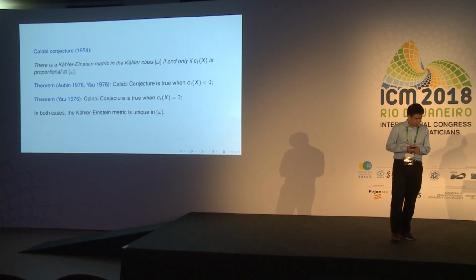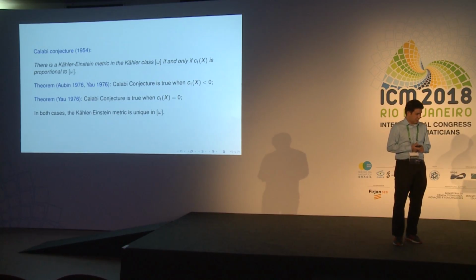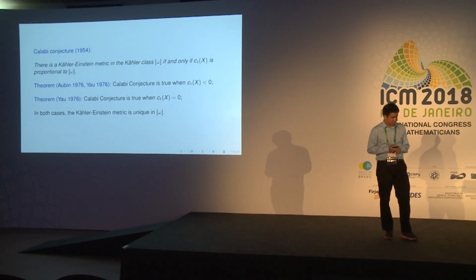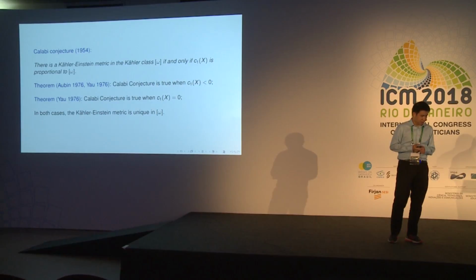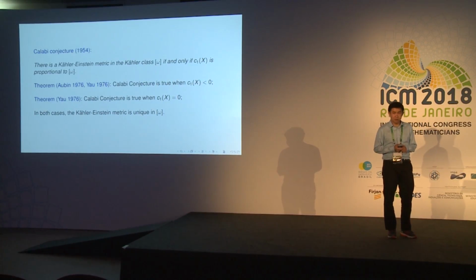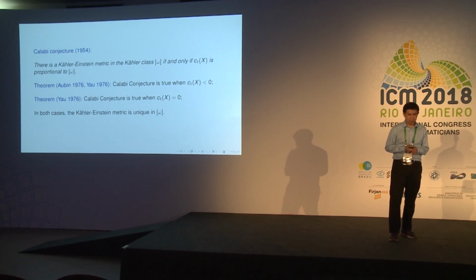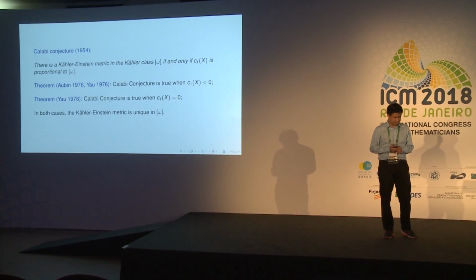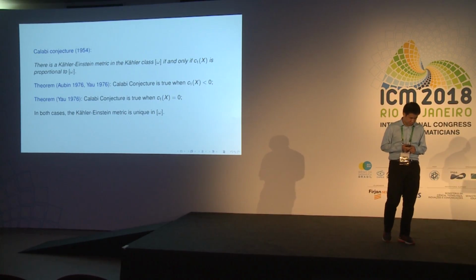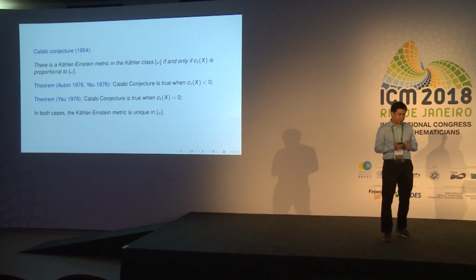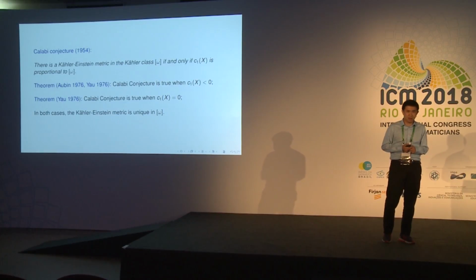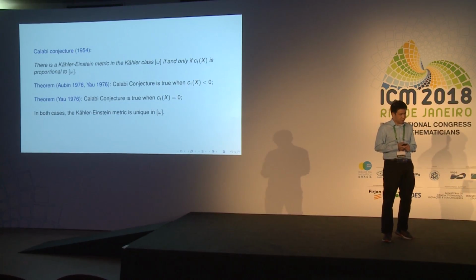These are the renowned works of Yau and Aubin, which solve the problem in the case where the first Chern class is negative or 0, which means the proportionality constant λ is negative or 0. In the one-dimensional case, the sign of the first Chern class is the same as the sign of the Euler characteristic.